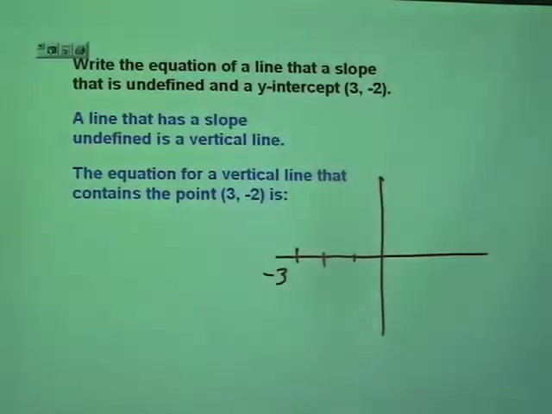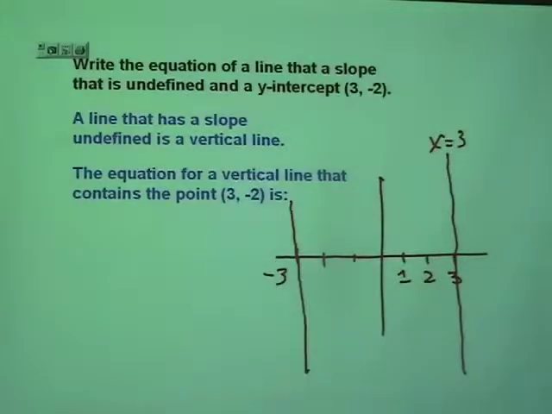And this vertical line, if you take this point 3, negative 2, well, this is x equal to 1, x equal to 2, x equal to 3. This is the vertical line called x equal to 3.